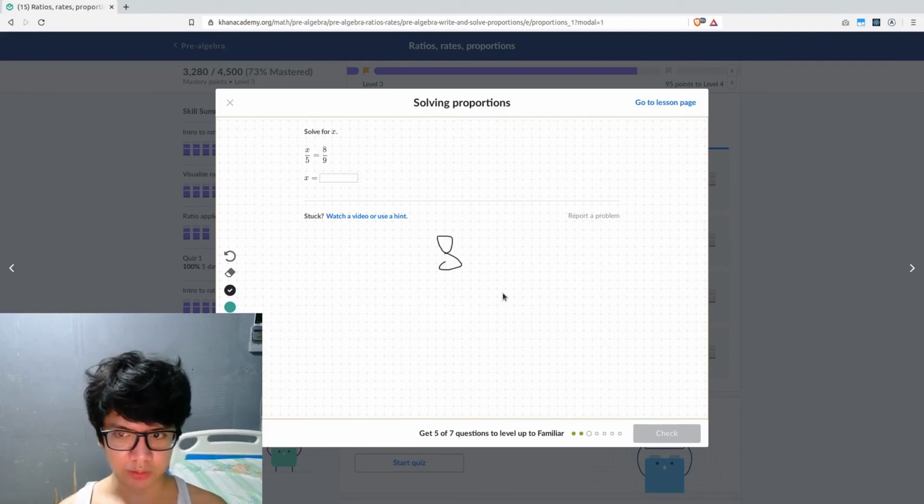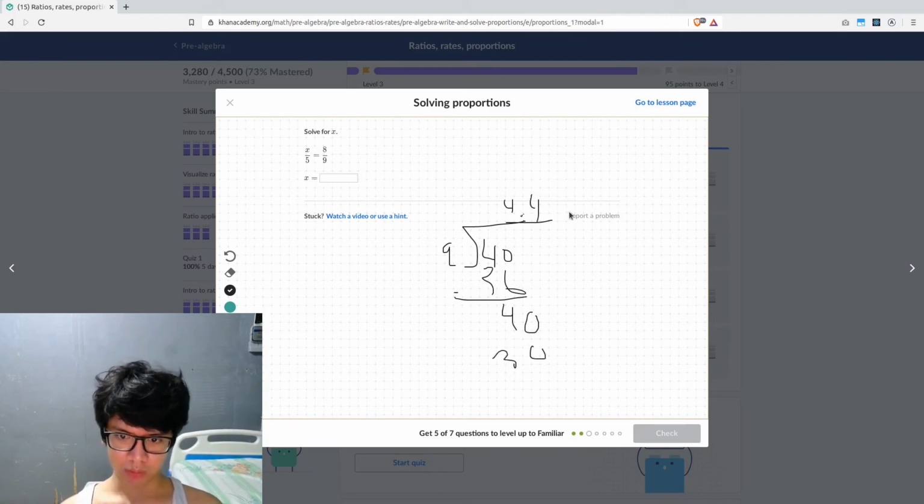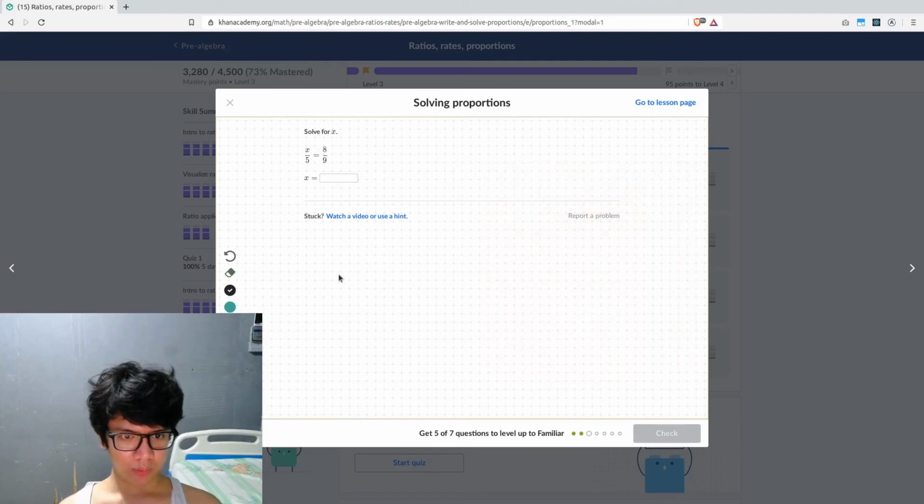Let's see. 8 times 5. That's 40. Divided by 9. So we get 36 and 4. 40. Whoa, this is insane. Let's try to cross multiply this time.